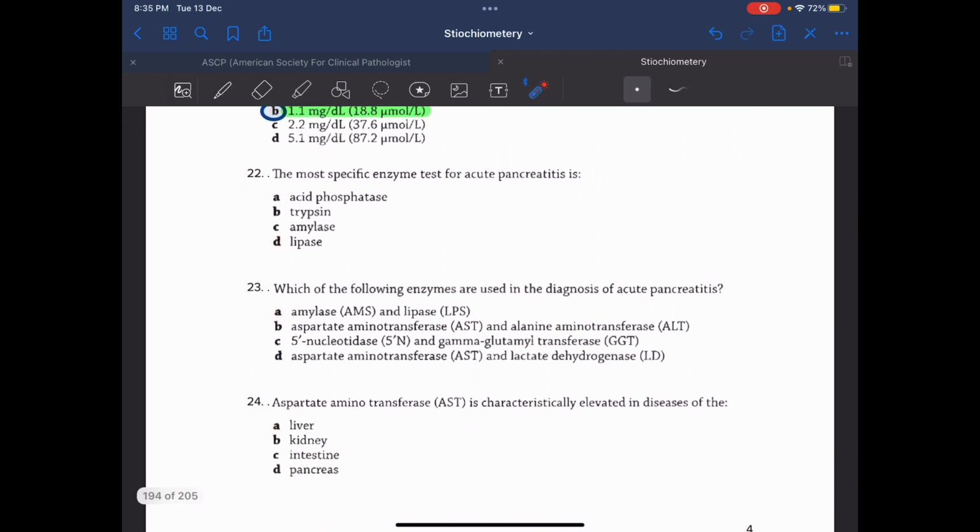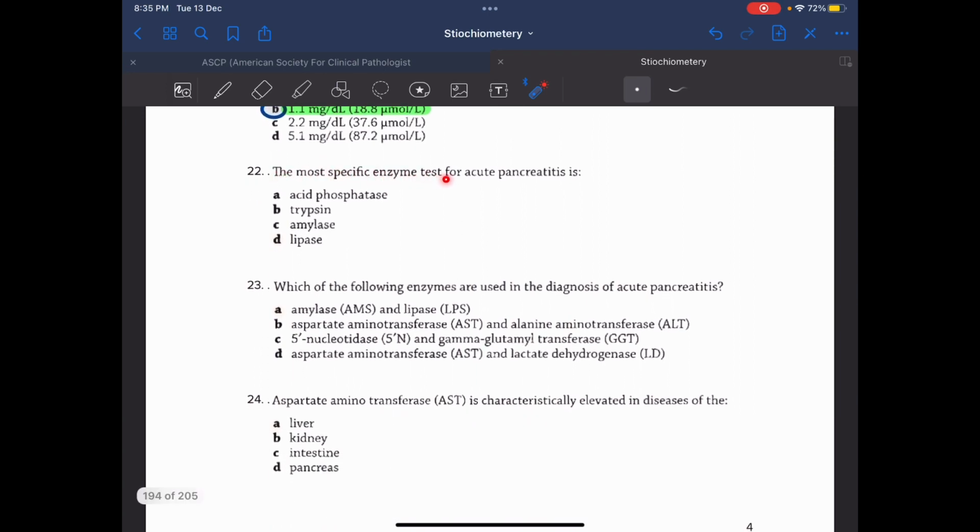Question 22. The most specific enzyme test for acute pancreatitis is acid phosphatase, trypsin, amylase, or lipase. The correct answer is lipase.